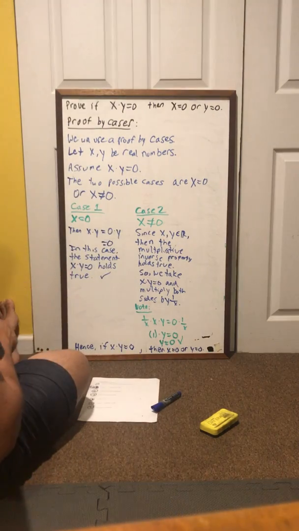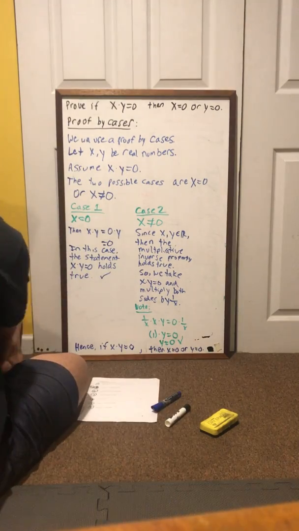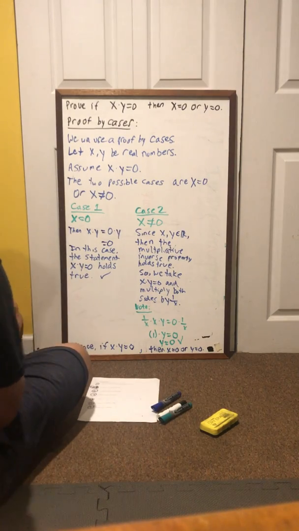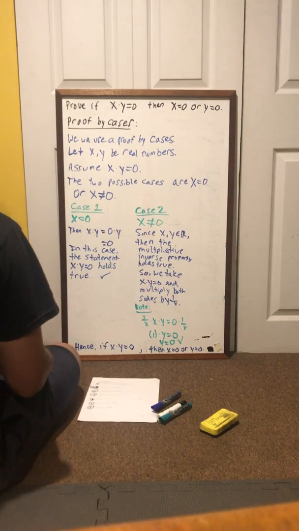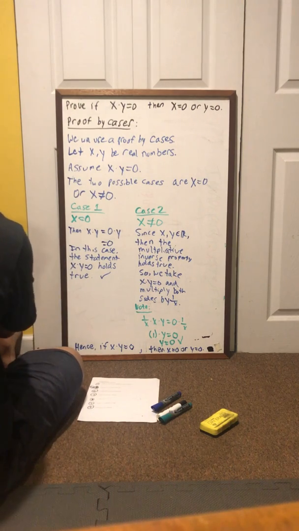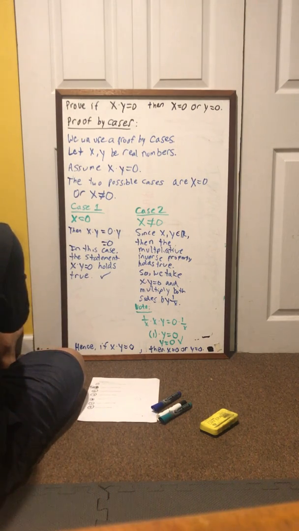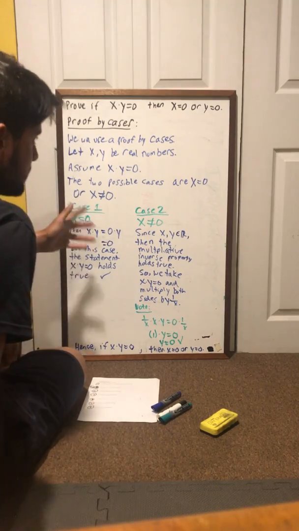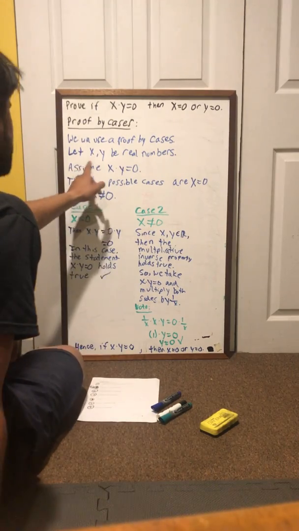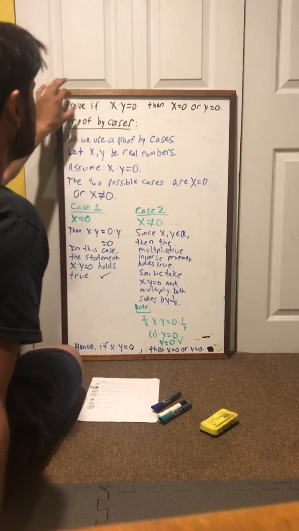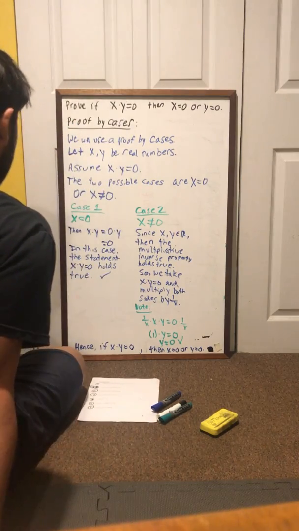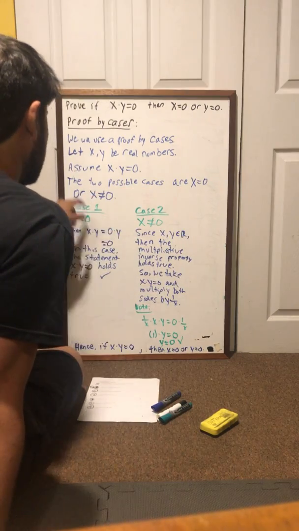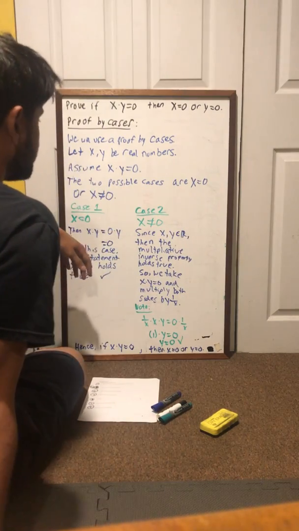Let's go over it one more time. Prove if x times y equals 0, then x equals 0 or y equals 0. We're going to follow a proof by cases. Let x, y be real numbers, so they could be rational or irrational. Assume x times y equals 0. This is the if statement. The two possible cases are x equals 0 or x does not equal 0.